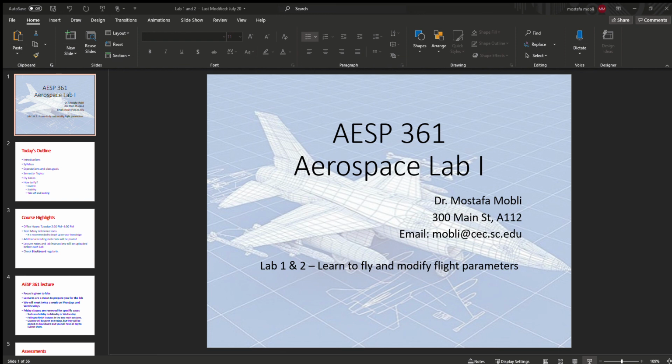If you want to categorize it differently, we have three main control groups. Primary flight controls are the first one, which are the most important ones as well.